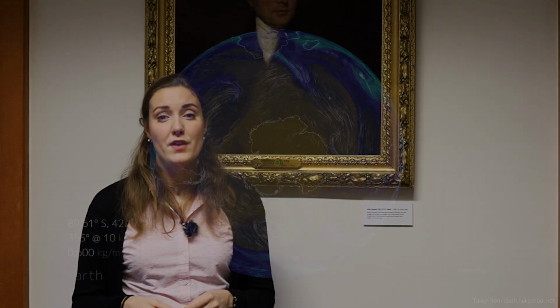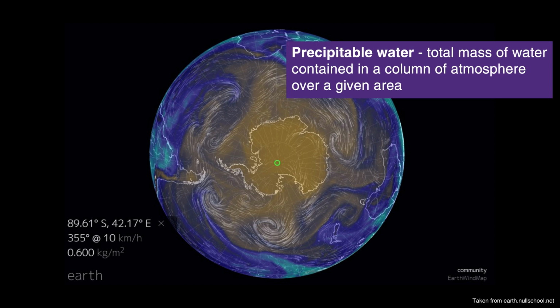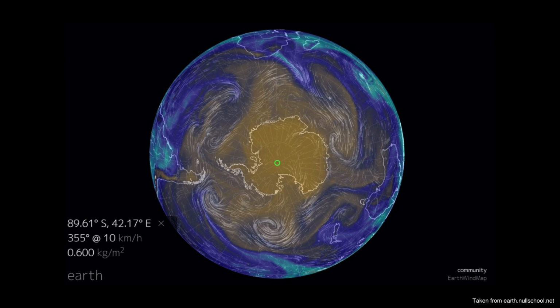This image from earth.nullschool.net in February 2020 shows precipitable water, which is the total mass of water contained in a column of atmosphere over a given area. In this case, there's just 600 grams of water in the entire depth of the atmosphere over each square metre on the surface in the green circled area, and this is really low.